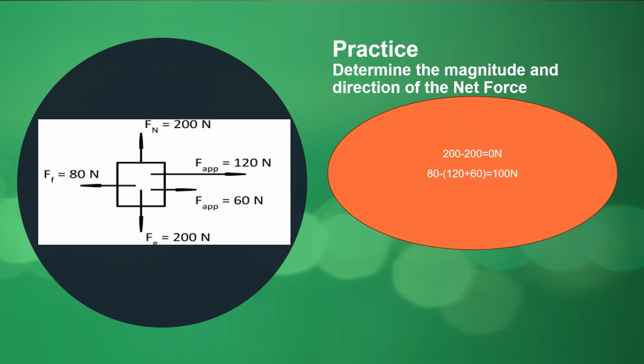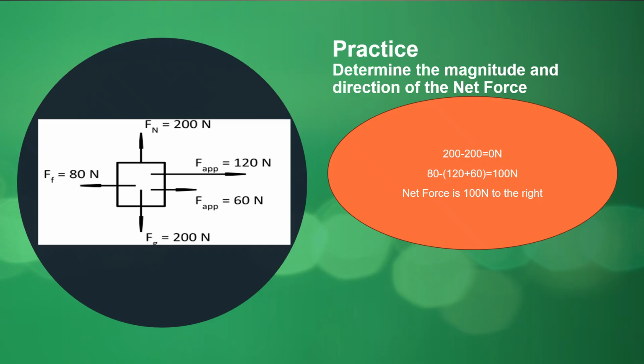And then we have a force of friction from the surface of the item that it's sitting on of 80 newtons. So what we do is we say, okay, 120 forward plus 60 forward, then we have 180 forward. Now we have to subtract the 80 backwards from the 180, and that is due to friction, and we will end up with the sum of all forces, 100 newtons, and this is going to be moving to the right.